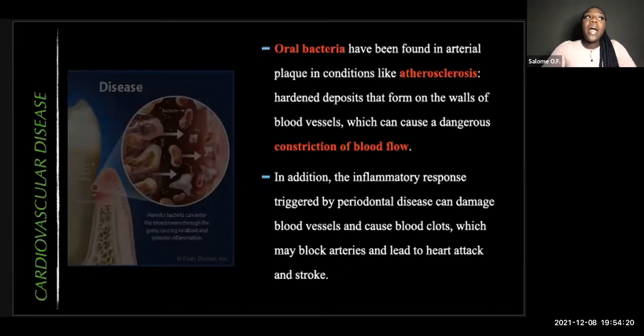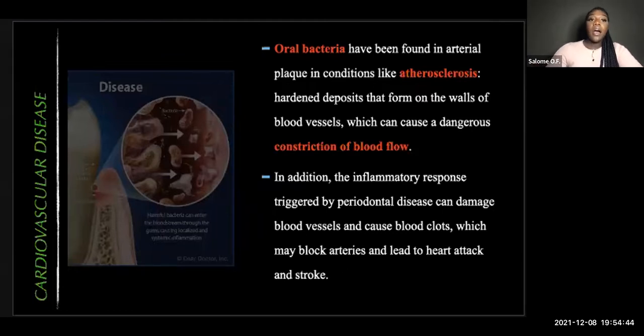So basically, you have gum disease, and then you have this atherosclerosis, but you're not taking care of your gum disease at all. And the infection is just increasing and increasing, and now it's going through your gums into your bloodstream. And it's making the condition that you have, for example atherosclerosis, even worse by feeding the bacteria in that area.